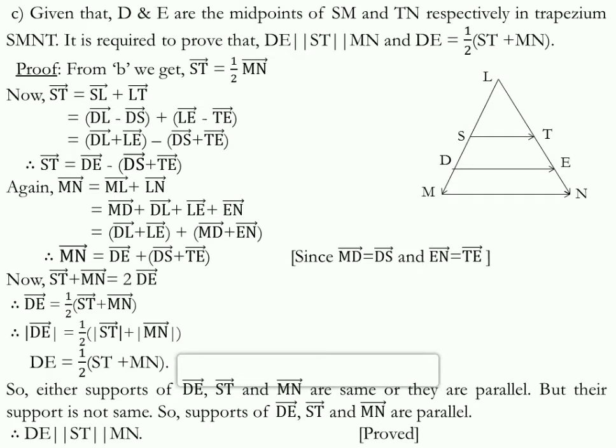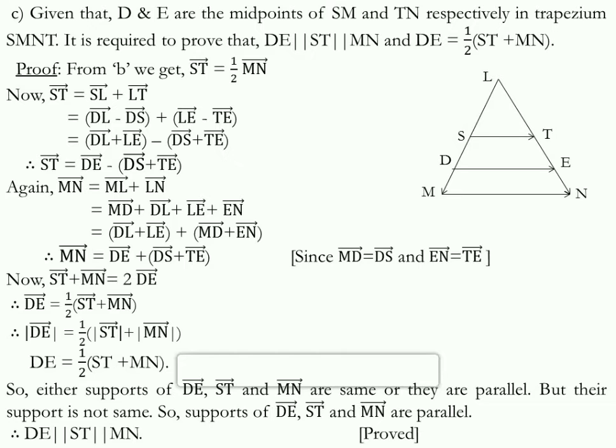Now, according to the vector triangle law, SL plus LT equals ST. SL can be written as DL minus DS, and LT can be written as LE minus TE.